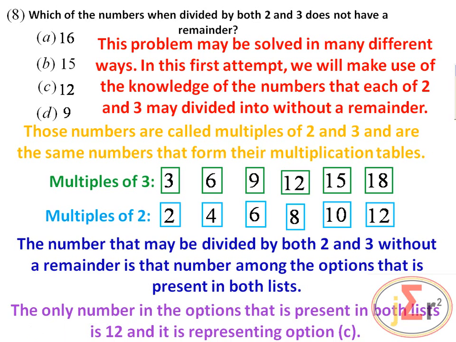The only number in the options that is present in both lists is 12, and it is representing option C. As we mentioned before, 6 is also present in both lists, which means that 6 may be divided by both 2 and 3 without leaving a remainder. But if we consider the numbers that are inside of those options, we realize that 6 is not among the options. 12 is among the options. Therefore, the correct answer is 12.